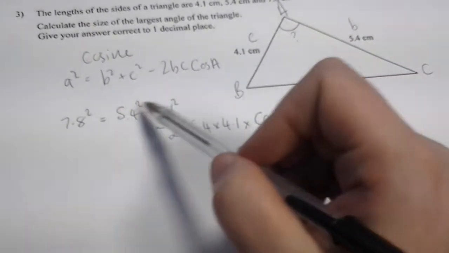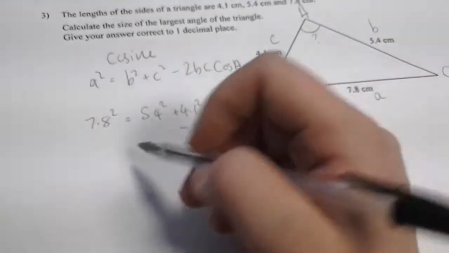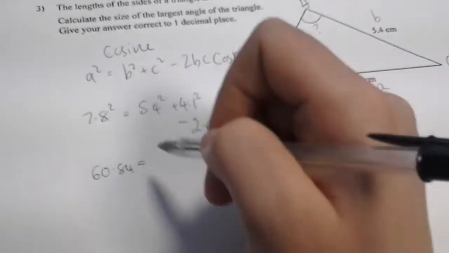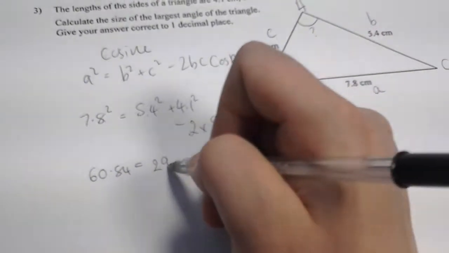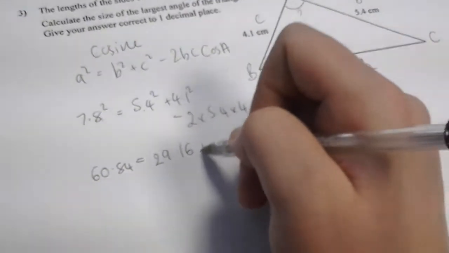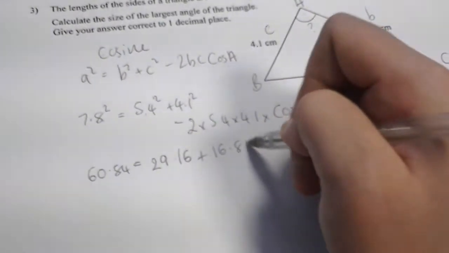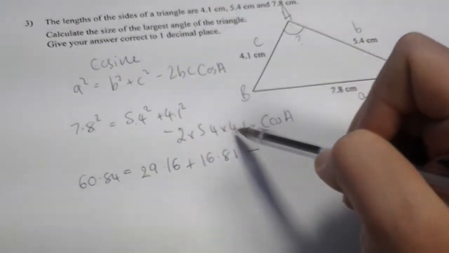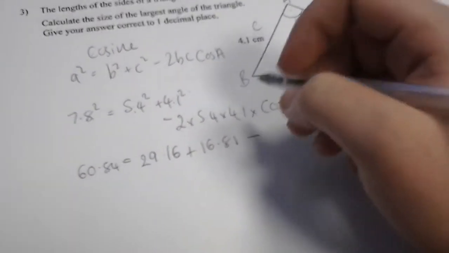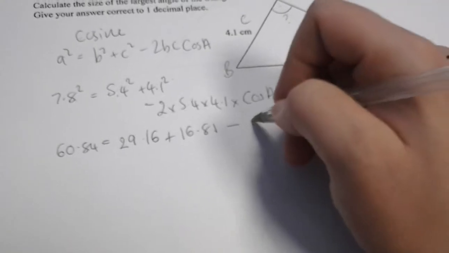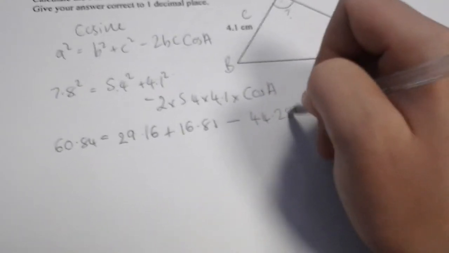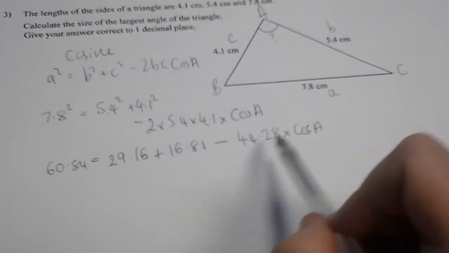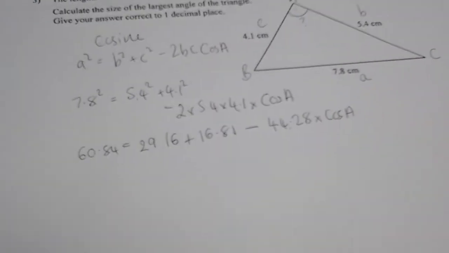Now if you work out these first two bits here, you get 60.84 is equal to 29.16 plus 16.81, take away, and if you do 2 times 5.4 times 4.1, you get 44.28. We've still got times cos A. What I want to do is get rid of all these things in turn.